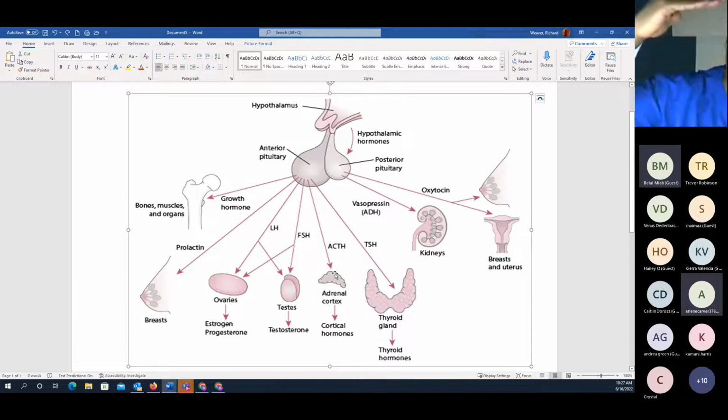Once we reach a maximum level of that hormone, the negative feedback loop kicks in, and we stop producing that hormone. That stimulating hormone is no longer necessary until those levels drop again.